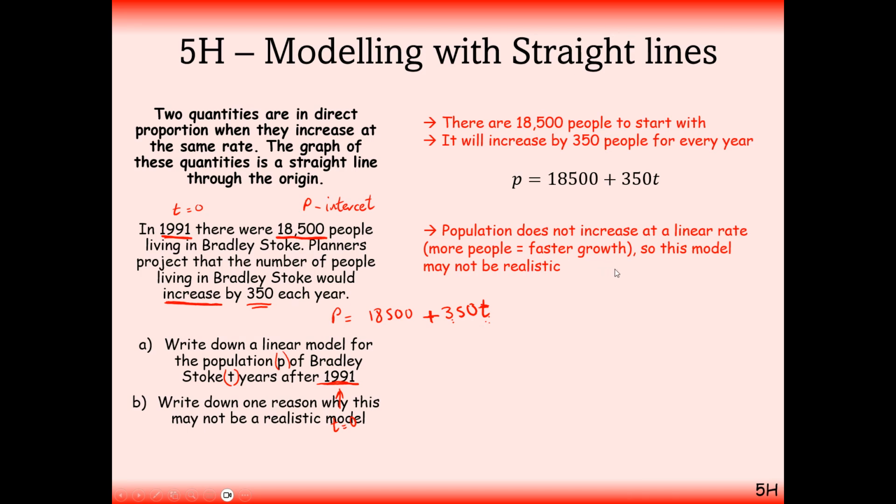More people usually lead to higher growth. So, what you should say is that population doesn't increase at a linear rate. Okay, usually it will grow in exponential fashion, which is non-linear. We'll look into exponential models by the end of the year, or rather in chapter 14.